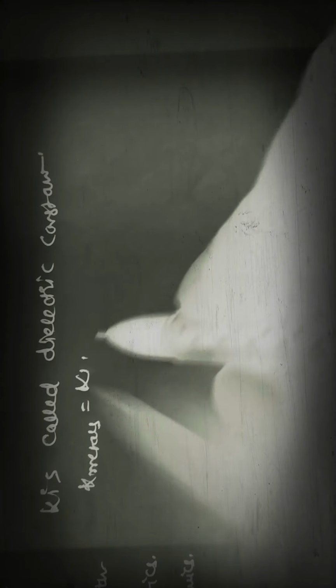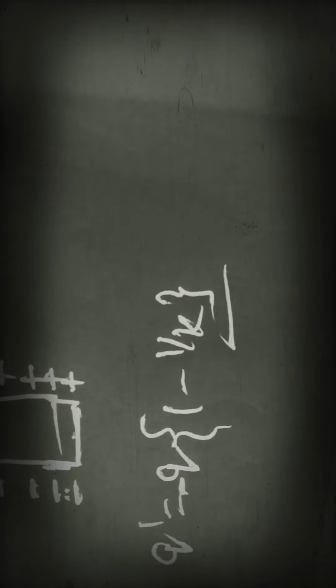For metals, k is equal to infinity. If we substitute the value, 1 by infinity means 0, so you will get only minus q. That means opposite charge will be induced. That is the second one.